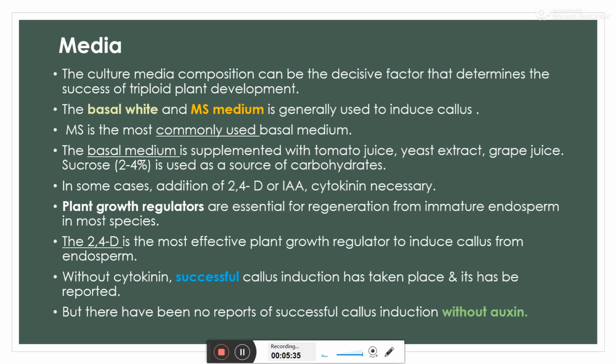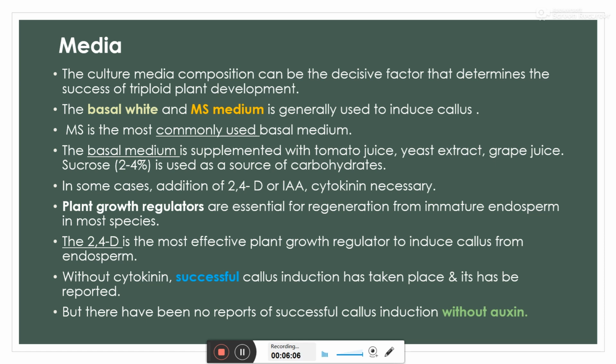In some cases, along with basal media, we can add 2,4-D or IAA. IAA is a naturally occurring auxin, and we can also add cytokinin if necessary for growth. Along with basal media, there will be plant growth regulators, which are very essential for the regeneration of the immature endosperm in most species.